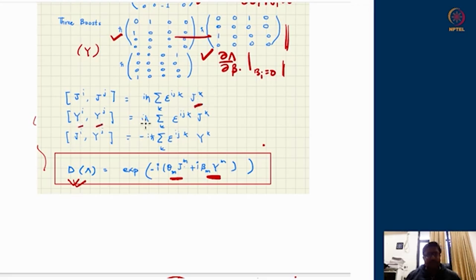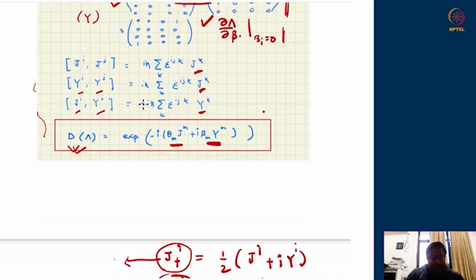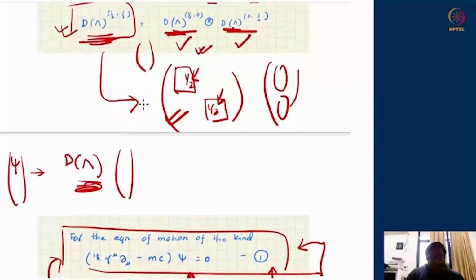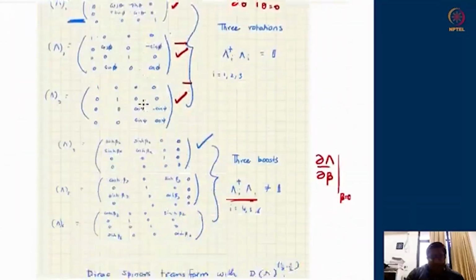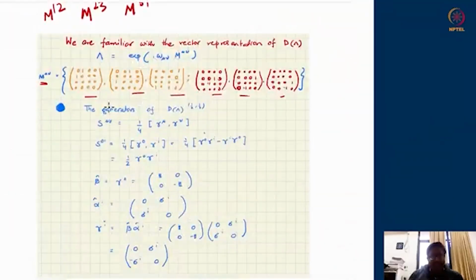The commutator of boosts is supposed to generate a rotation generator, and the commutator of a boost and a rotation is supposed to generate a boost generator. So this is the relation between the 3 J's and 3 K's, and you can verify that the relations we had written above are indeed satisfied by these 6 elements.